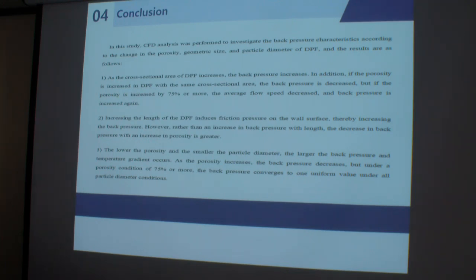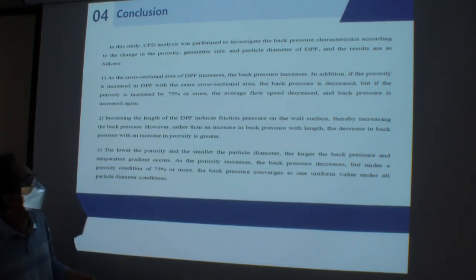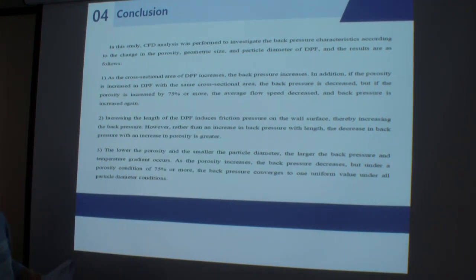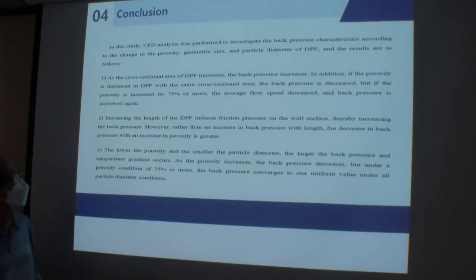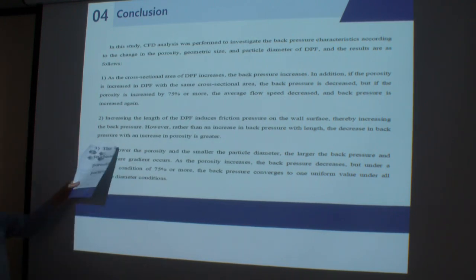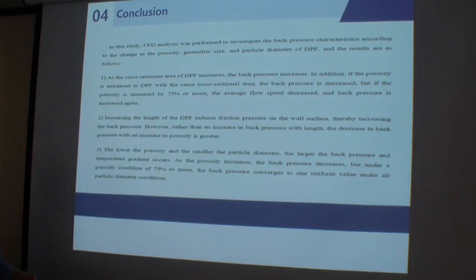But if the porosity is increased to 75% or more, the average flow speed decreased and the back pressure increased again. Increasing the length of the TPF increases friction pressure on the wall surface, thereby increasing back pressure. However, the decrease in back pressure with increase in porosity is greater than the increase with length.